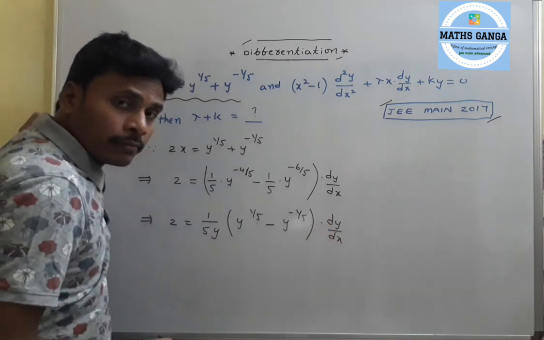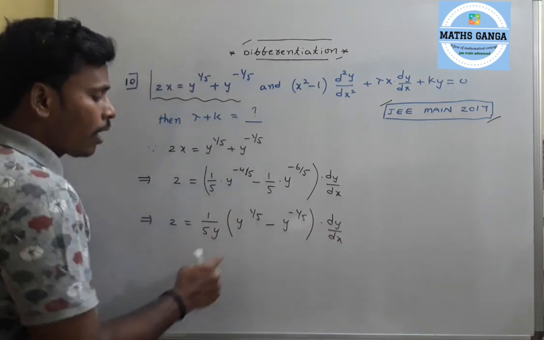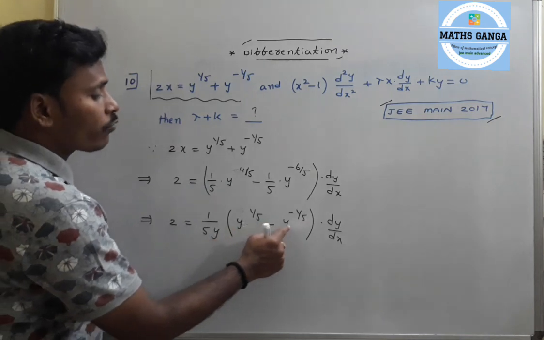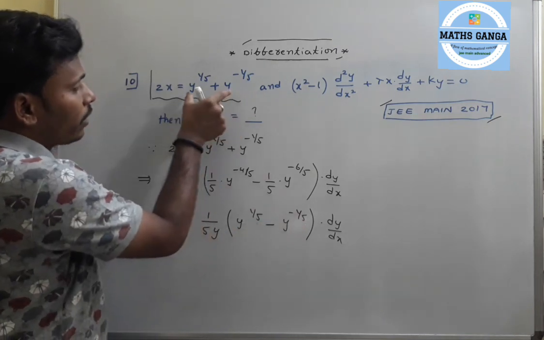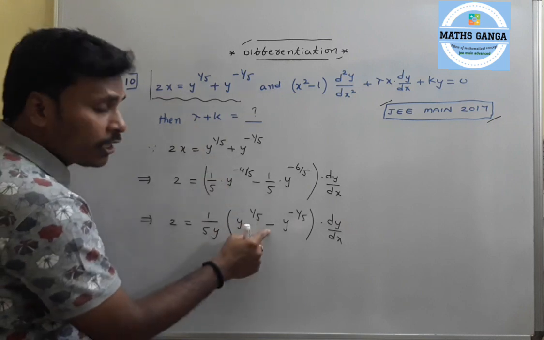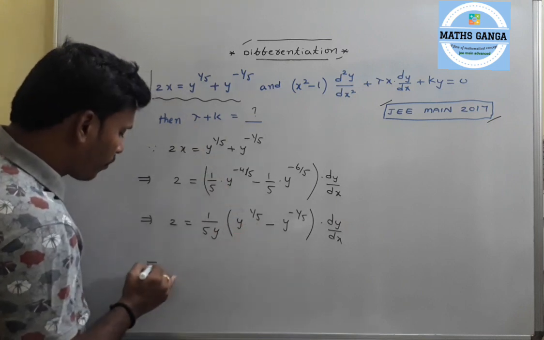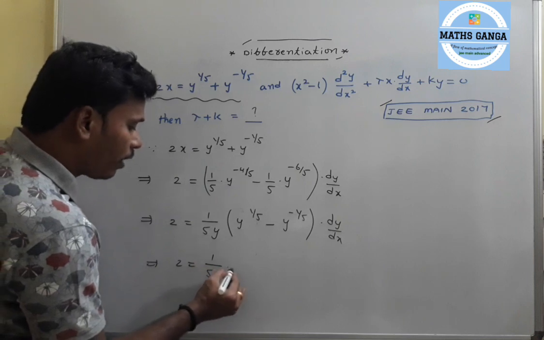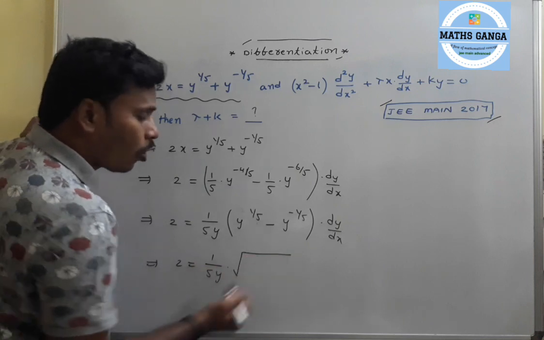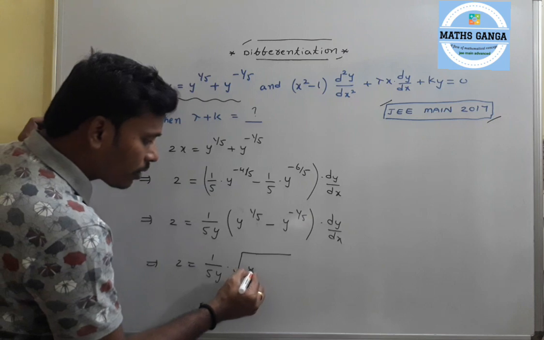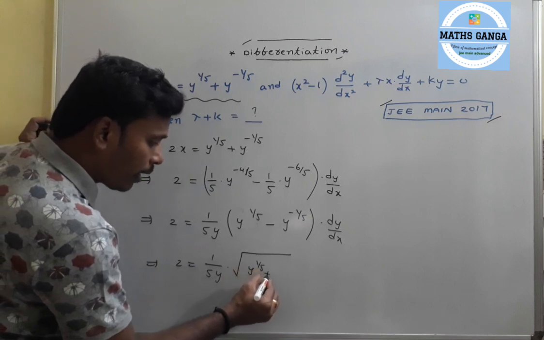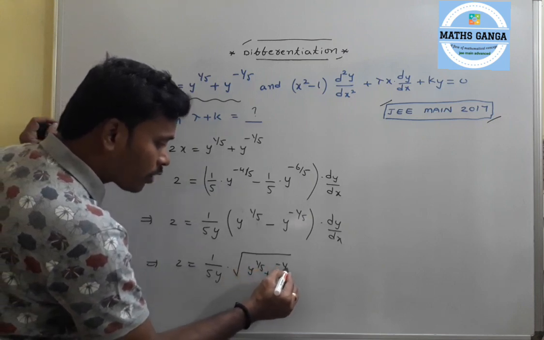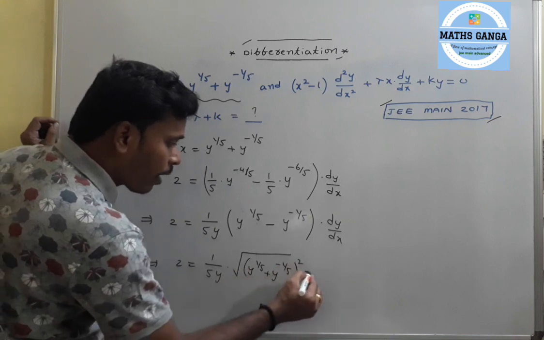Is it clear? Just observe this. Y power 1 by 5 minus y power minus 1 by 5. This is given as 2x, but this is along with a minus sign. We need to write like this: 2 is equal to 1 by 5y into square root of, this is y power 1 by 5 plus y power minus 1 by 5 whole square minus 4.